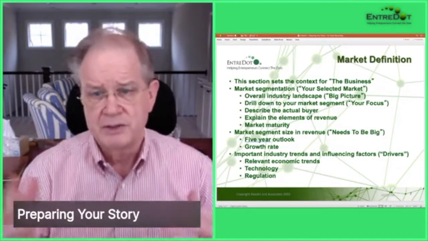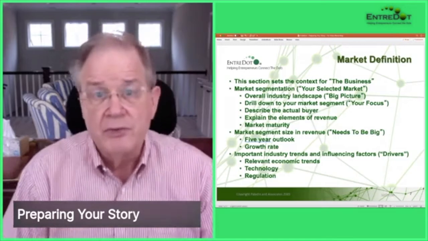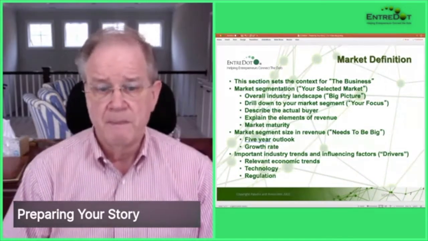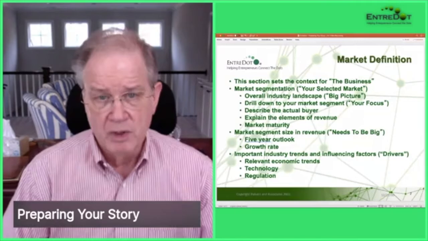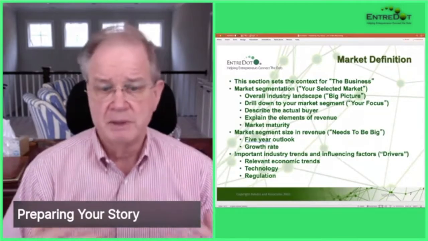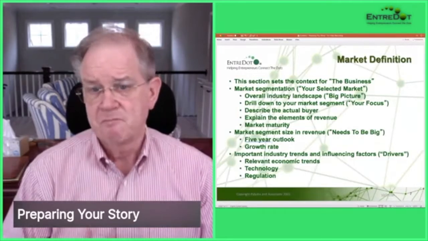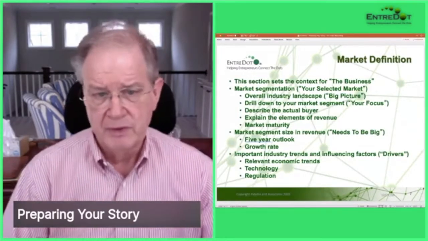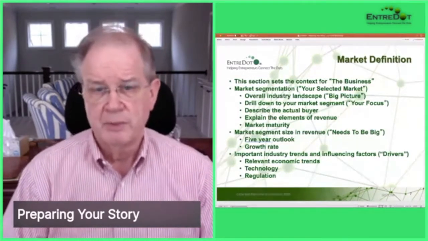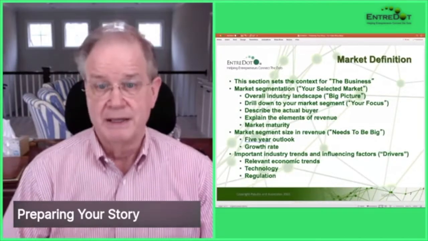What are the factors, or drivers, that cause this market to grow? So these got to be relevant economic trends. They could be technological, they could be regulatory, all sorts of other bases for why a market is what it is. But you got to get across, why is it like it is?